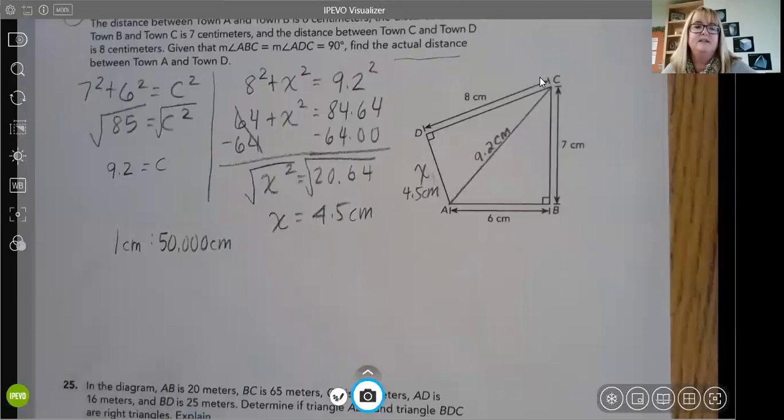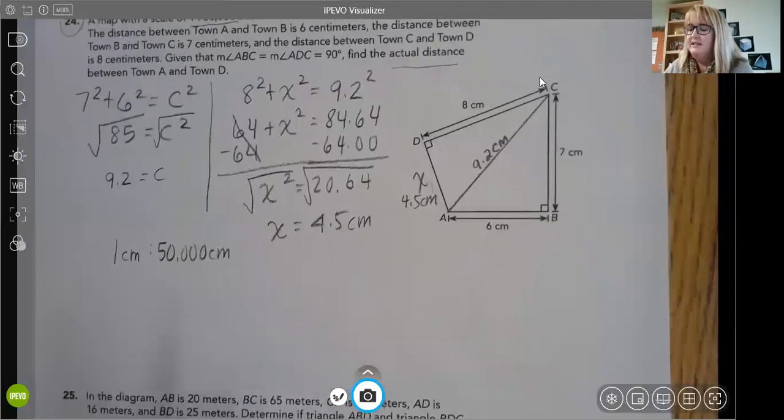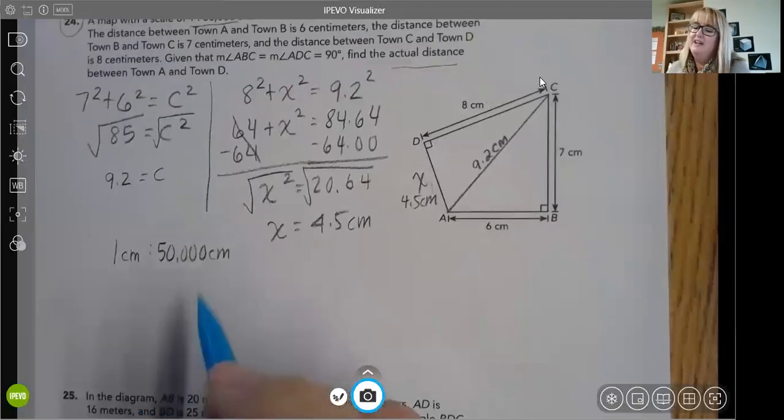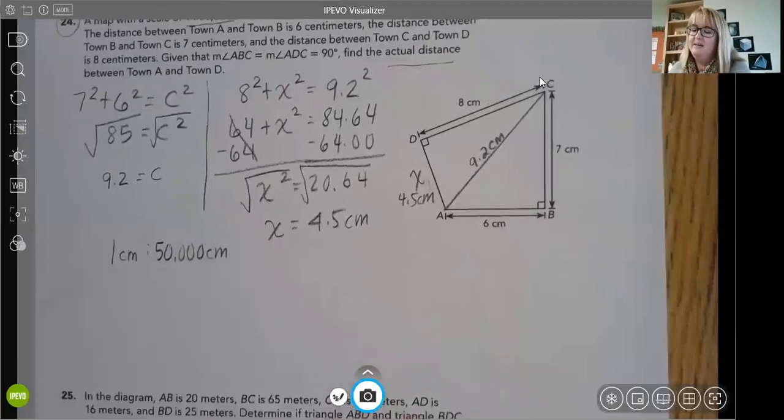So the thing is that I need to change it. What would be my unit? What would be my measurement between towns? And that would be kilometers, right? All right, so I need to change these centimeters to meters. How many centimeters are in a meter?